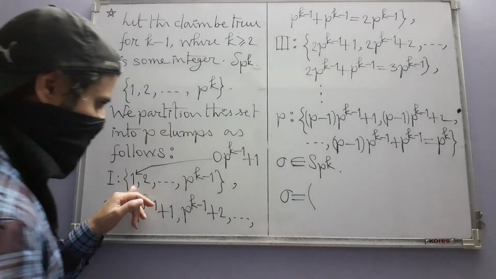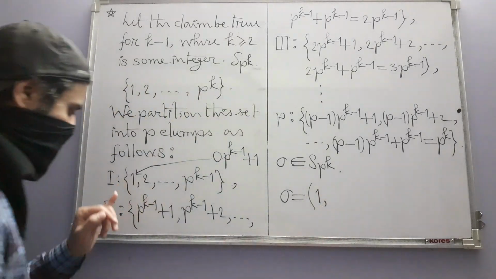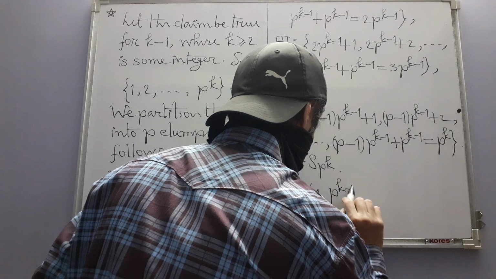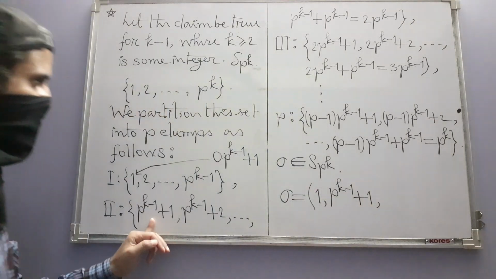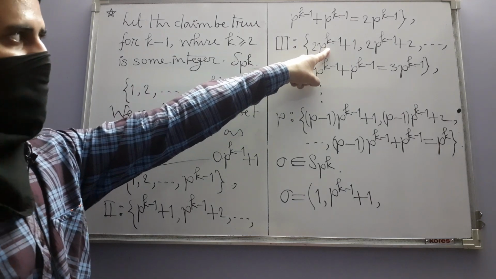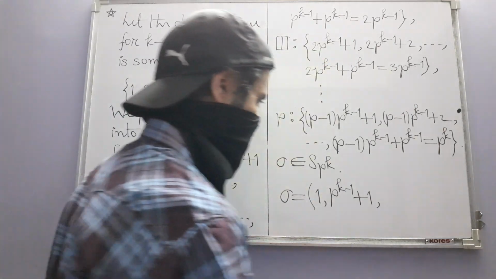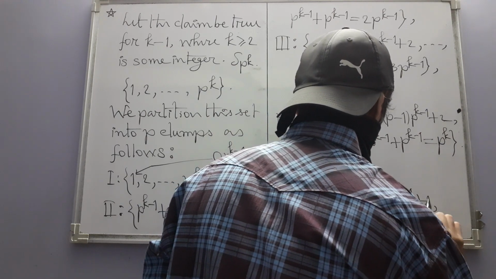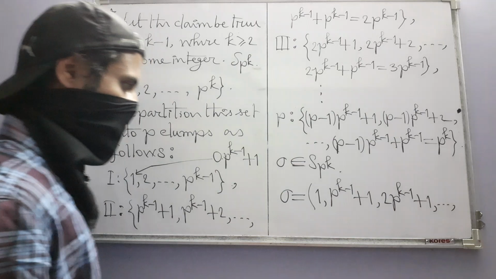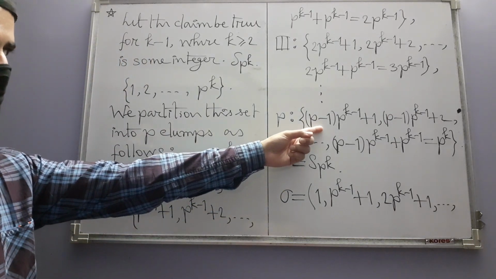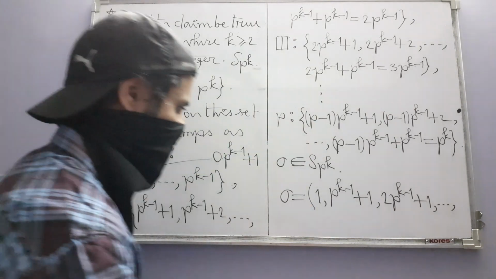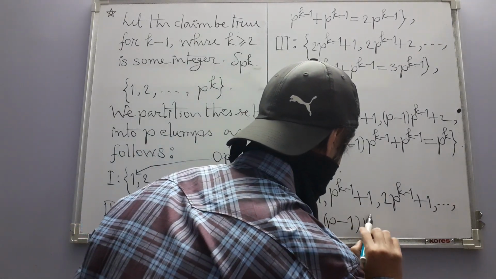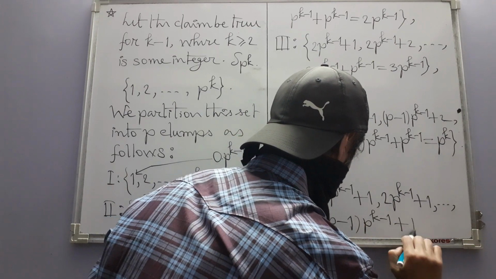So first we have 1, and then we have this p to the power k minus 1 plus 1. Then in the third clump, this is the first element, 2 times p to the power k minus 1 plus 1. Like that it goes, and finally the first element of the last clump, p minus 1 times p to the power k minus 1 plus 1.